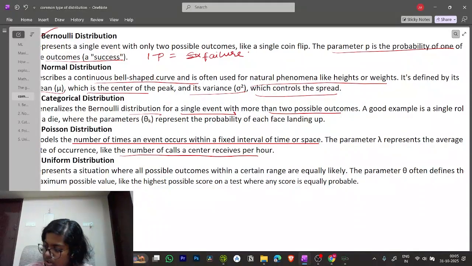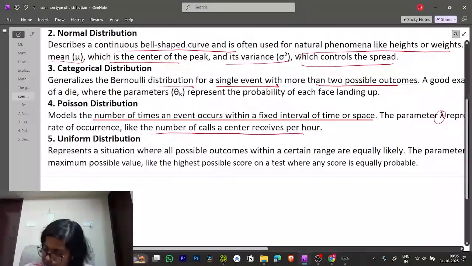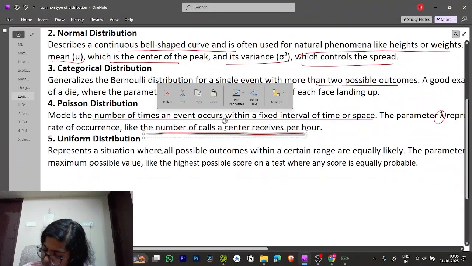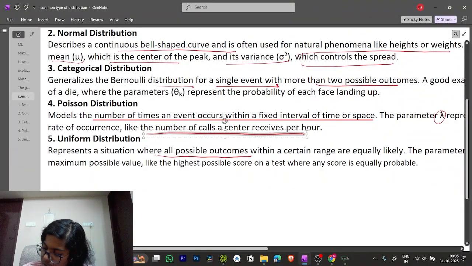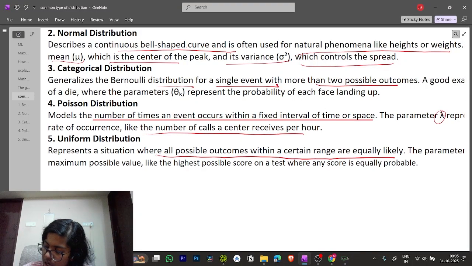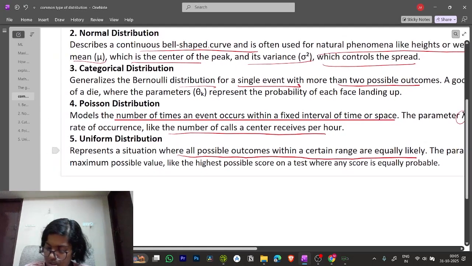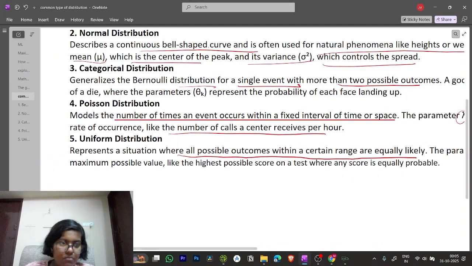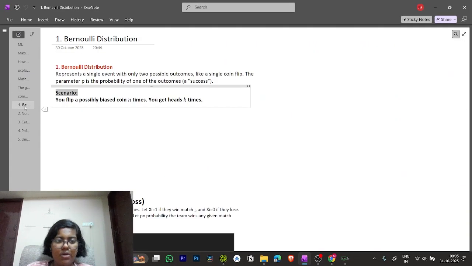Here we take sigma as the parameter. Next is the uniform distribution, where all possible outcomes within a certain range are equally likely. We will see uniform distribution in detail when we explain its derivation. So first we'll start with Bernoulli.